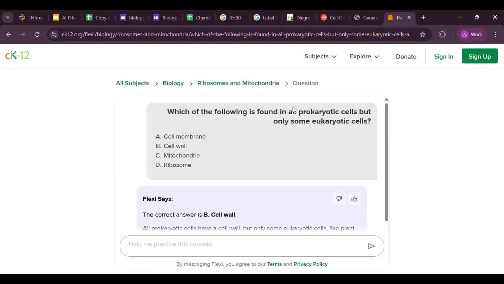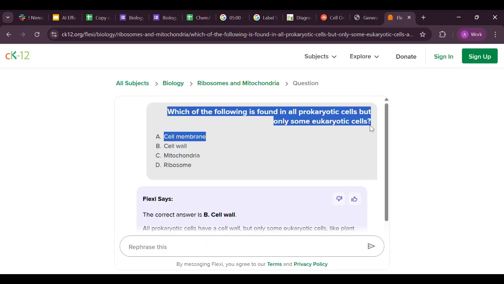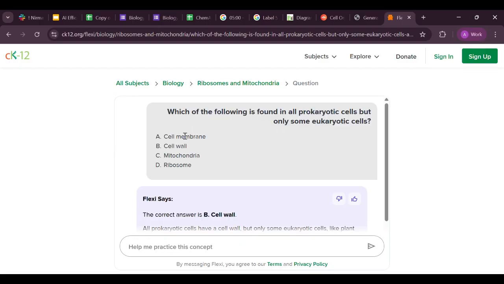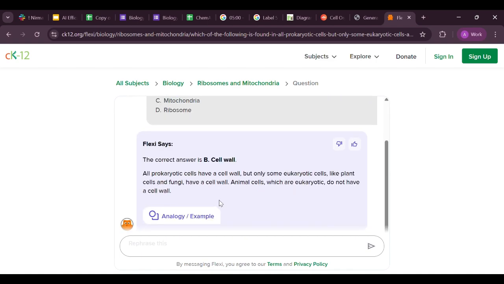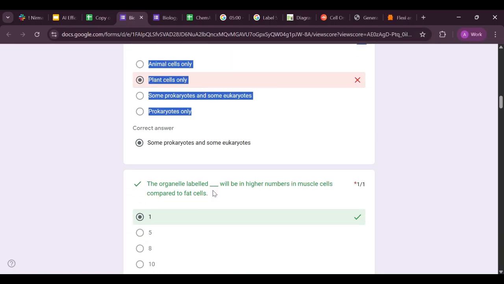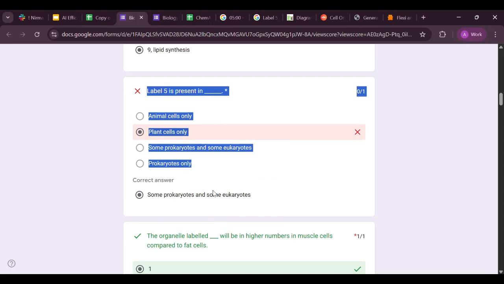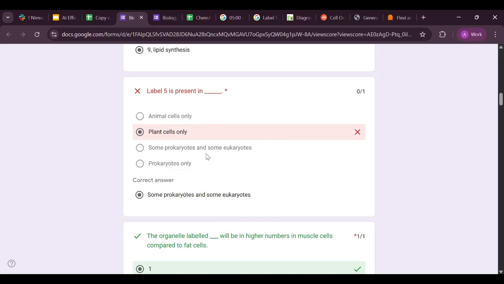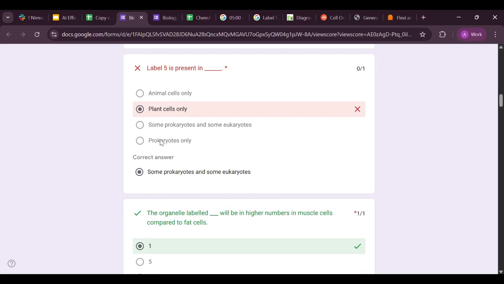Okay, here we can see: which of the following is found in all prokaryotic cells, but only some eukaryotic cells. So it is somewhat cell wall. Okay, so in this way we can see some prokaryotics and some, however, it is a wrong option here as well.